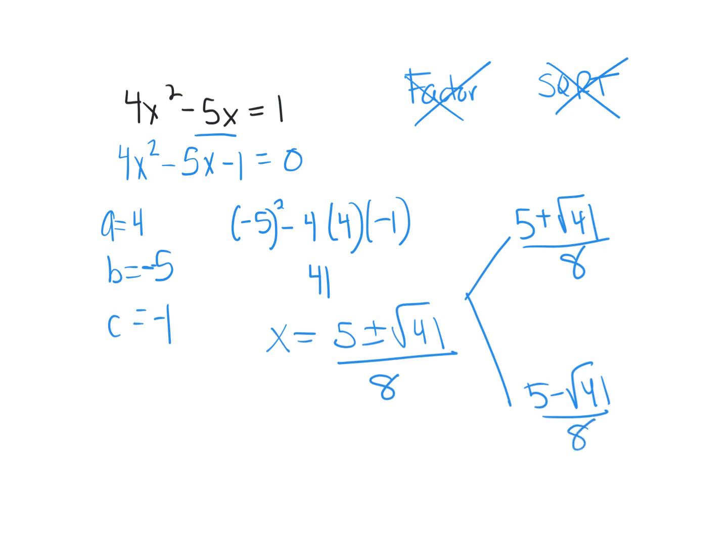And remember, we round to 2 decimal places if we don't have any other directions. And so we have 2 intercepts now, one at positive 1.43 and one at negative 0.18.